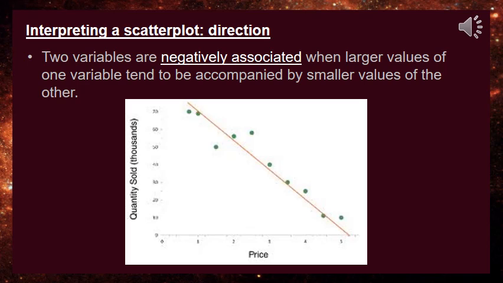The image shows the quantity sold of a given product versus the price. So here you can see that as the price goes up, the quantity sold goes down. The two variables go at the same time in two opposite directions. The correlation is negative.